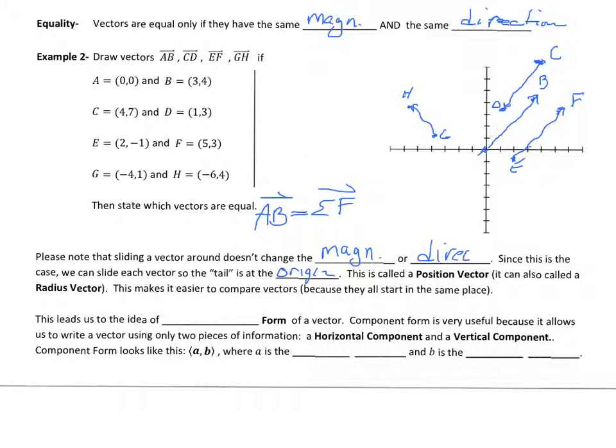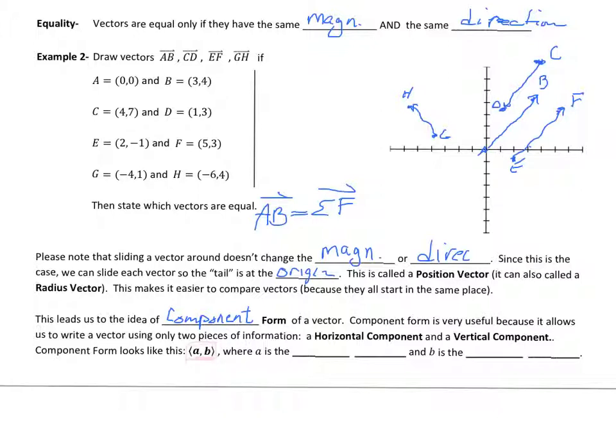And this is going to lead us to the idea of what is called component form of a vector, okay? Now component form is useful because it allows us to write vectors using only two pieces of information. We have what we call a horizontal component and a vertical component. Now the important part of component form is that it looks like this, with those particular types of brackets.